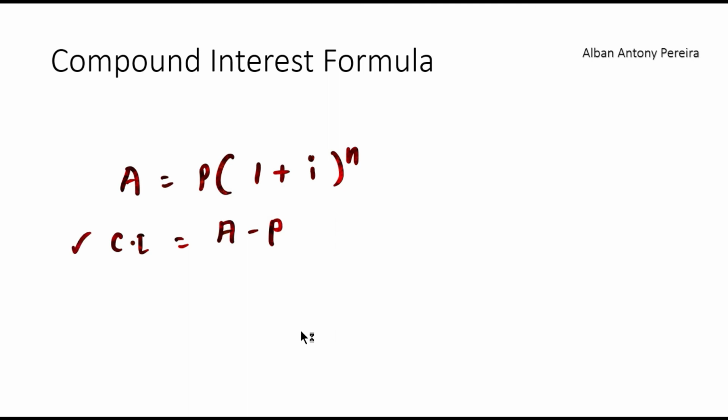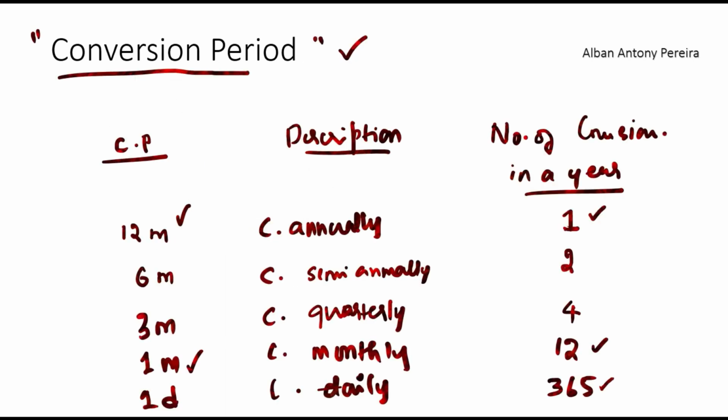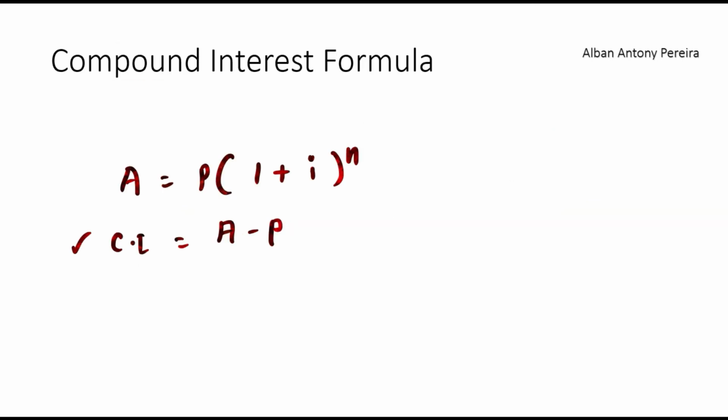This looks simple, but we'll have to understand a few fundamentals. We understood something called the conversion period, and we cannot miss this conversion period concept in the compound interest formula. Now A stands for the final amount including compound interest.